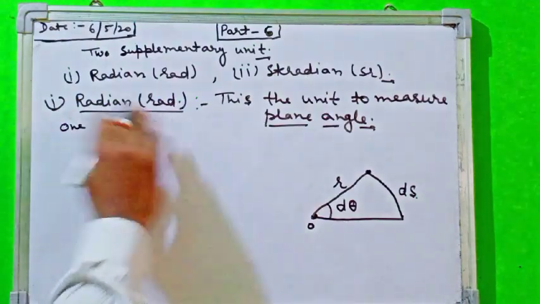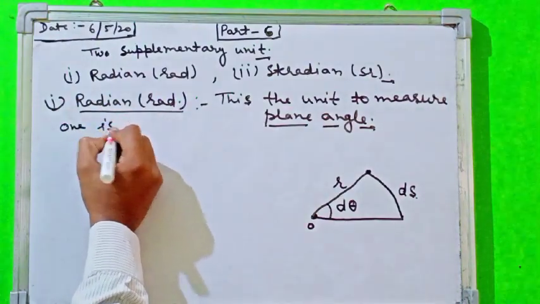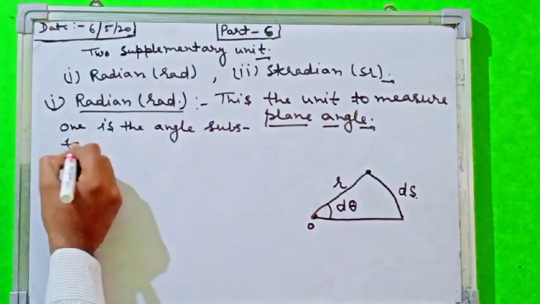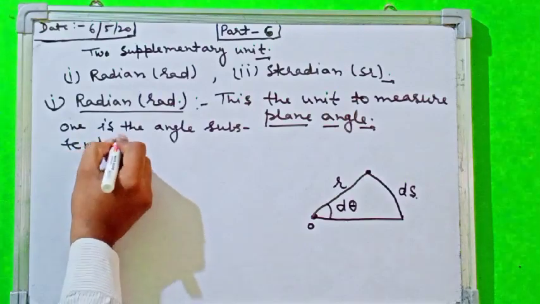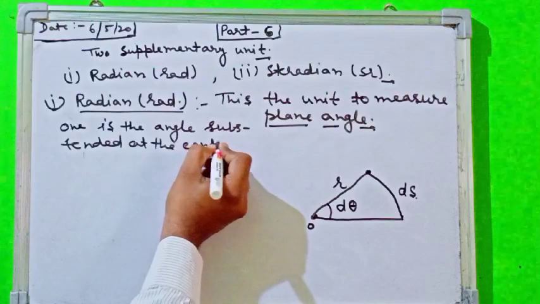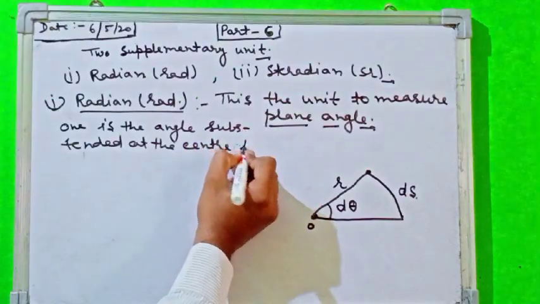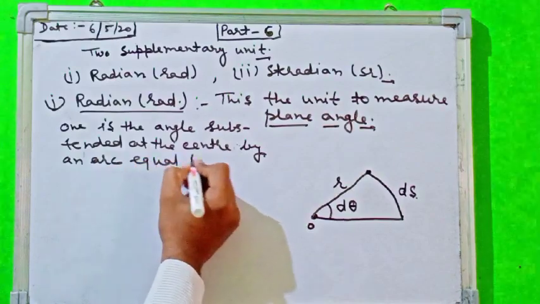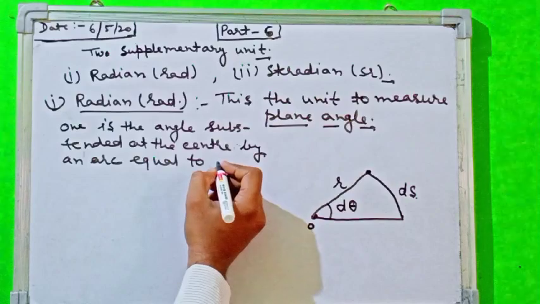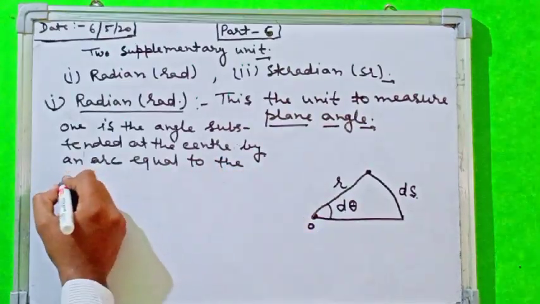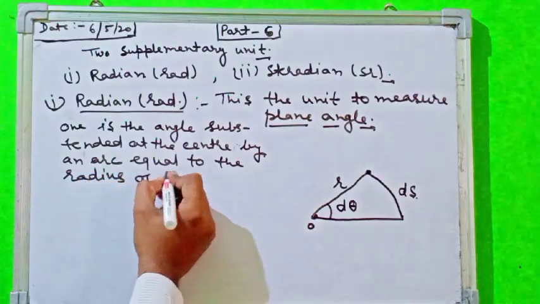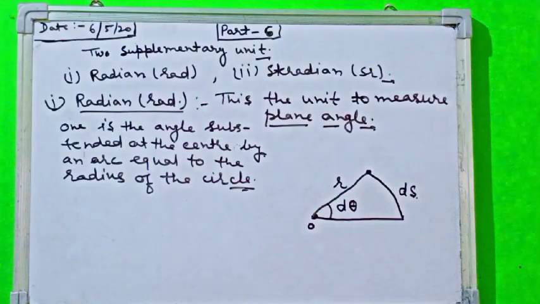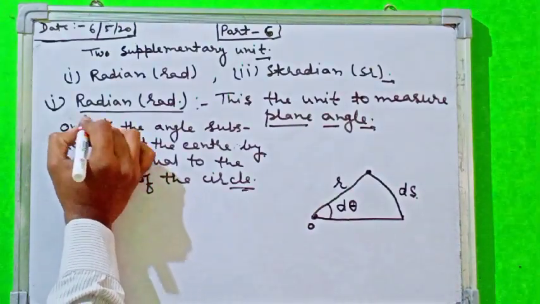Beforehand that, we are defining this 1 radian. 1 radian is the angle subtended at the center by an arc equal to the radius of the circle.